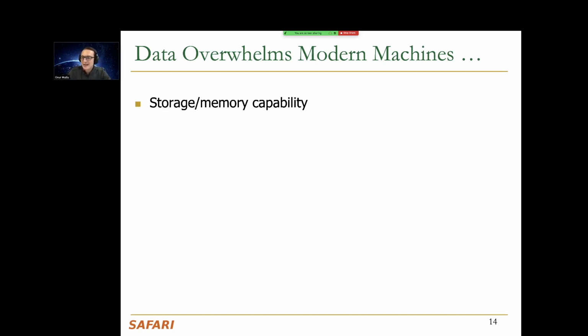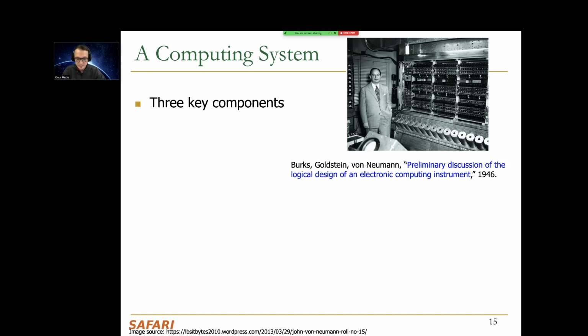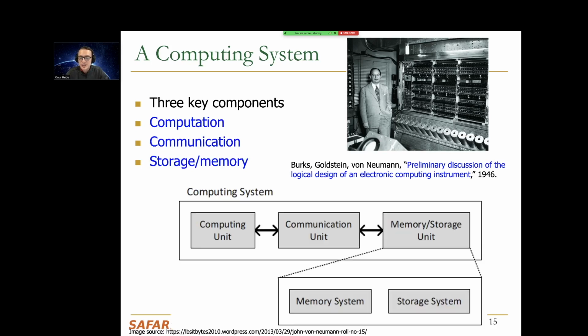But today, this talk is about the fact that we're not designing architectures very well to handle data, because data today is overwhelming our storage and memory capability, communication capability, as well as computation capability in the end. And it greatly impacts robustness, energy, performance, and cost. If you go to the fundamentals, a computing system consists of three key components: computation, communication, storage, and memory.